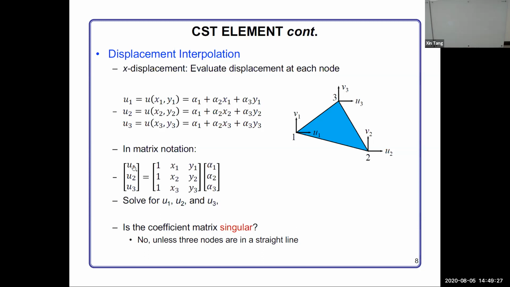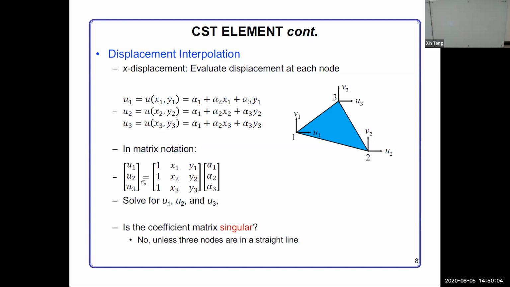Now this equation set can also be written in matrix notation. We can put u1, u2, u3 in a bracket as a 3 by 1 vector. This equals a 3 by 3 matrix times a 3 by 1 matrix, alpha 1, alpha 2, alpha 3. So 3 by 3 times 3 by 1 gives you a 3 by 1 matrix as the result, which matches this.